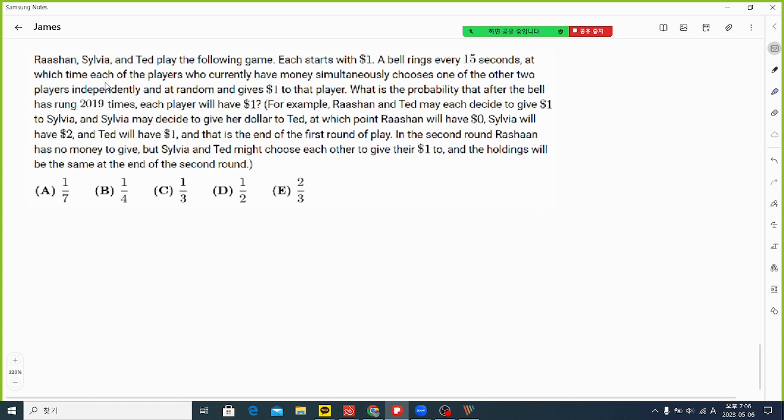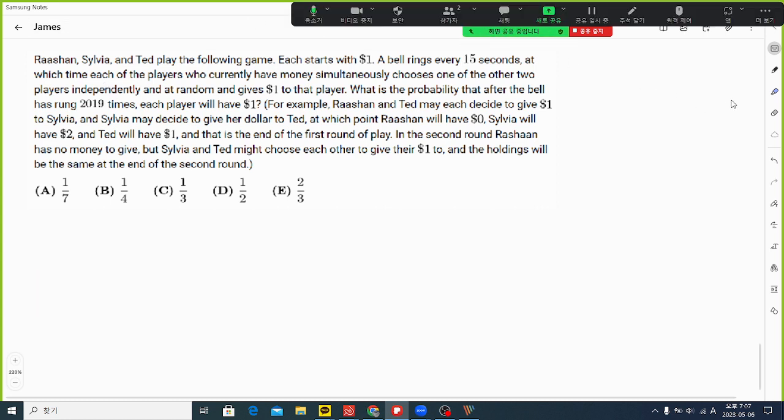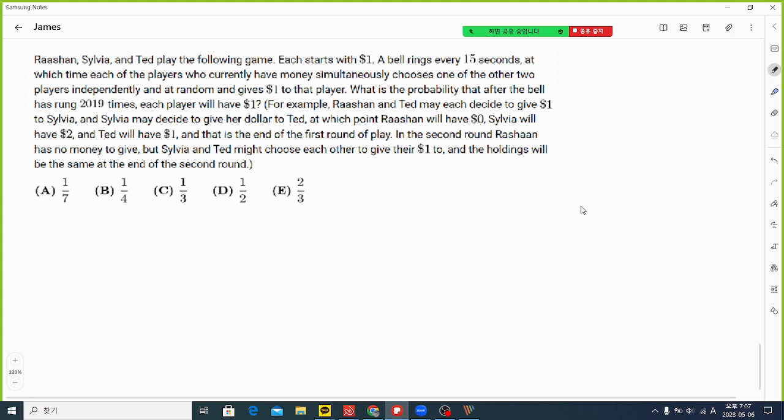So let's just start with the $1 each. So for example, R gives money $1 to S, and S gives money to T, and T gives money to R. That's one possibility.